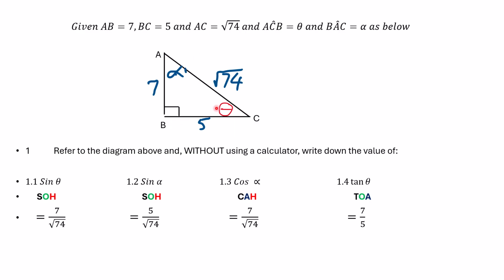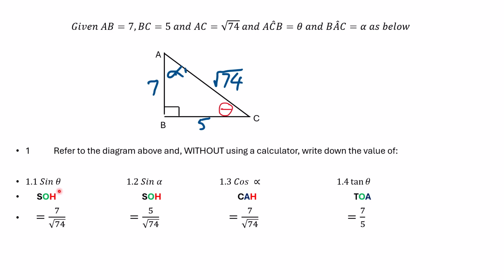ACB is theta, and PAC equals alpha, as indicated below. We refer to this diagram, and they'll always say this, so don't get scared when you read it: without using a calculator, write down the value of 1.1 sine theta, sine alpha, cos alpha, tan alpha.